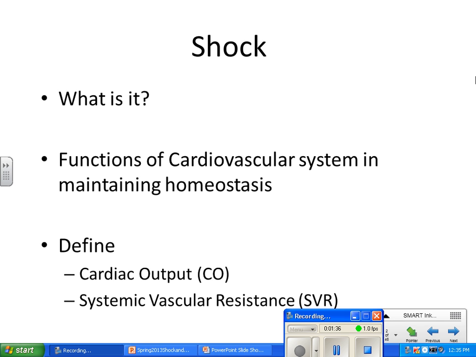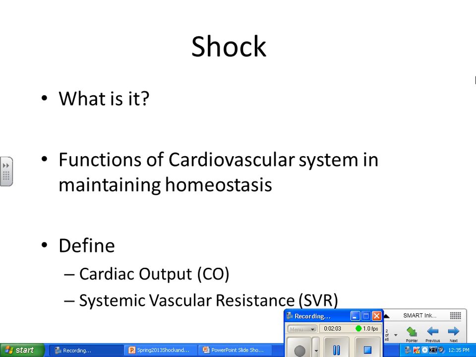And so if we've got good cardiac output, which is what? What's the definition? Heart rate times stroke volume, but what does it actually mean? It's the amount of blood being ejected by the left ventricle in 1 minute. So if we have good cardiac output and we have good systemic vascular resistance, which is what?